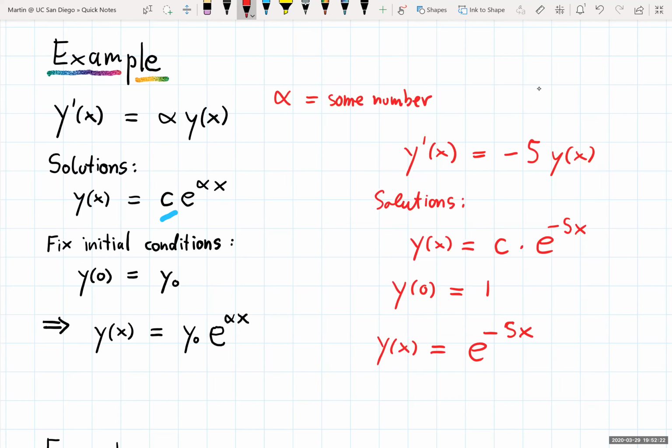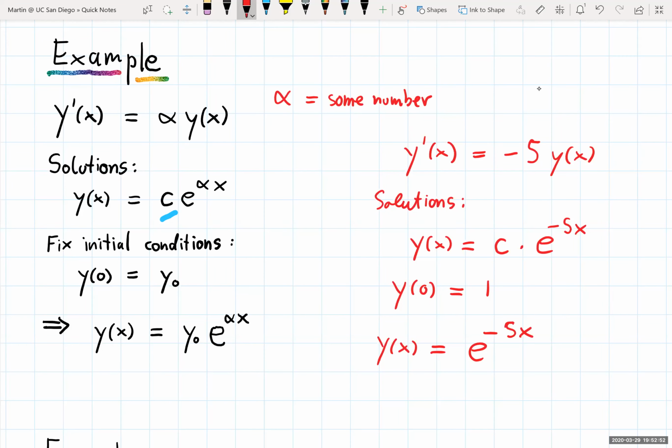And such differential equations describe, for example, processes of growth or decline, for example, population growth, or maybe shrinking populations. If you've got a radioactive material, then such differential equations describe how the material decays.